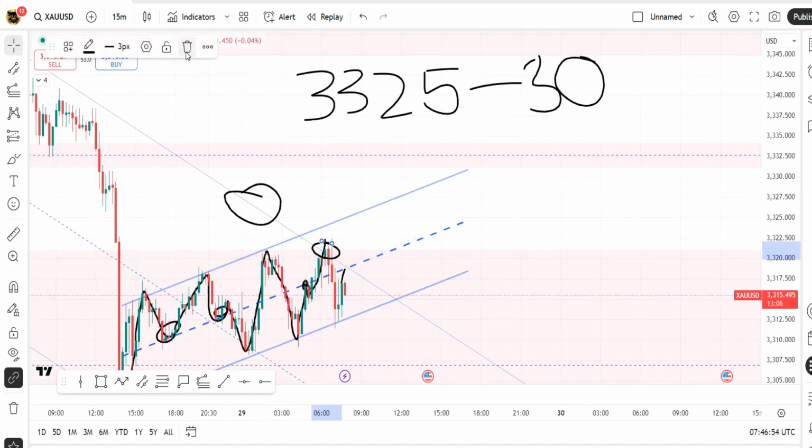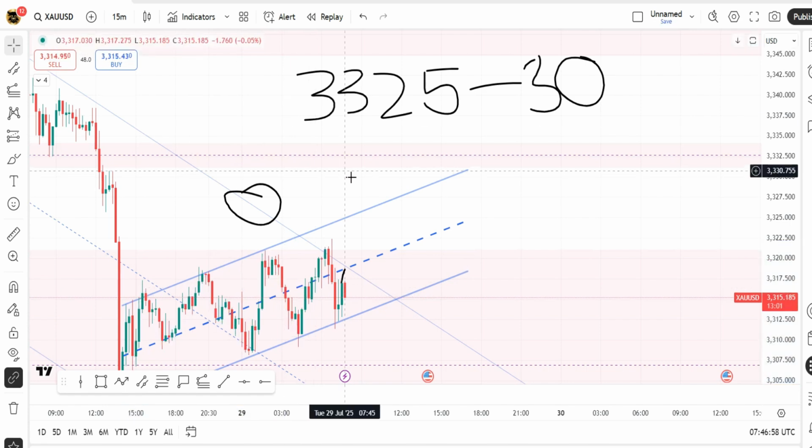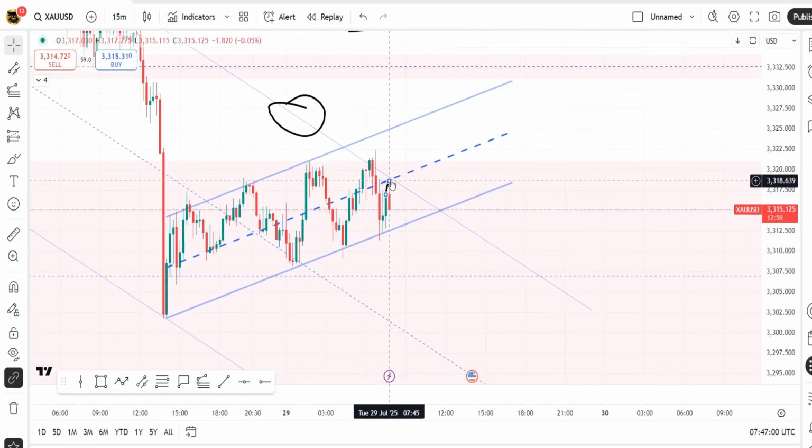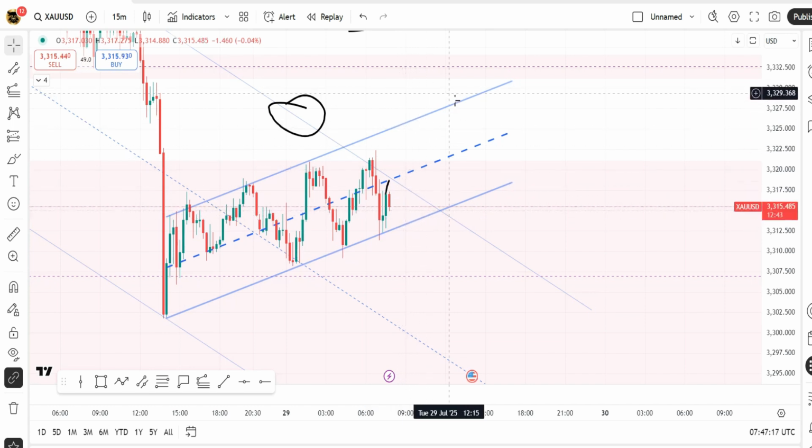Otherwise, don't. If you want to look for the selling side, you should wait for this key area, 3320 till 3325. If the market breaks the 3325 area and gives us a little bit of retest, then on the basis of the retest we're gonna look for long-term buying trades.